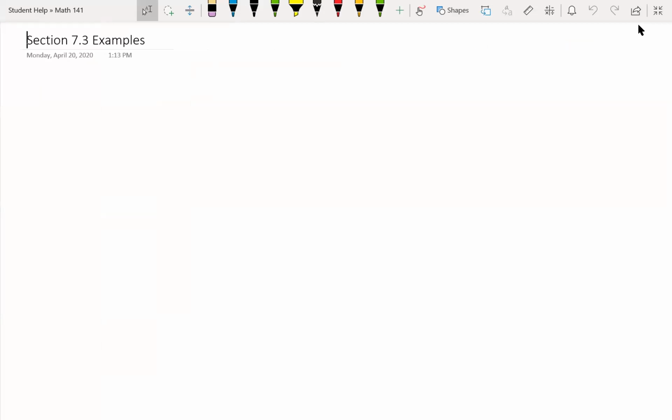All right, I am back to do a few examples for section 7.3. I'm only focusing on the sum to product and product to sum in this section. For this example, you're not going to be doing any proofs. We've just got to cut a couple of things out, and it's not necessary for you to do the proofs in this section.